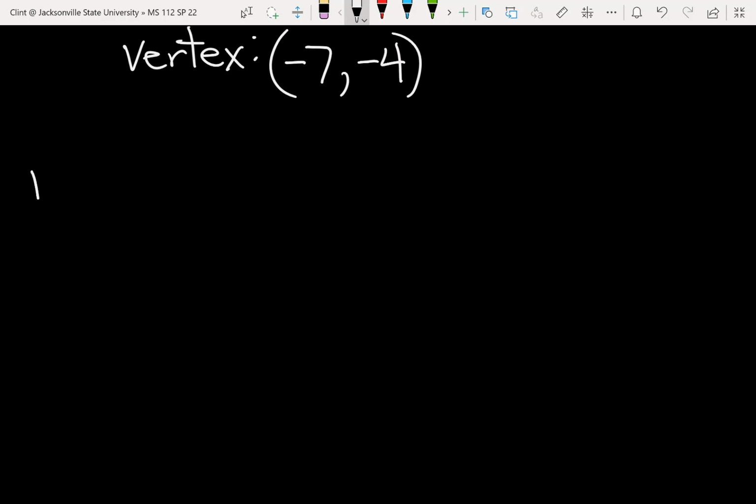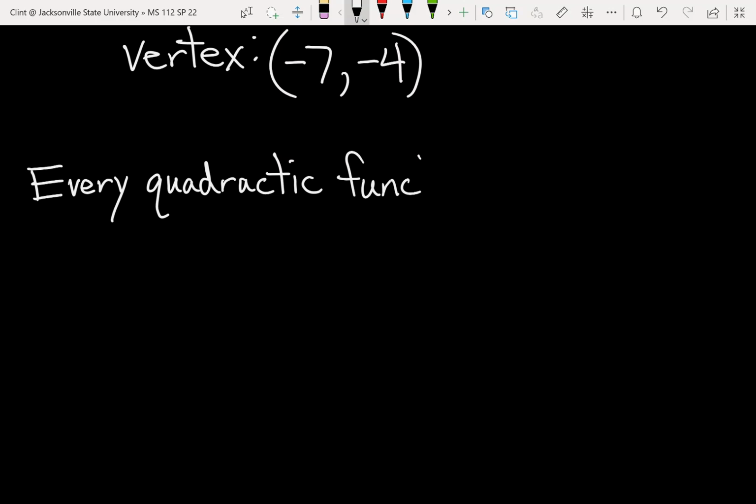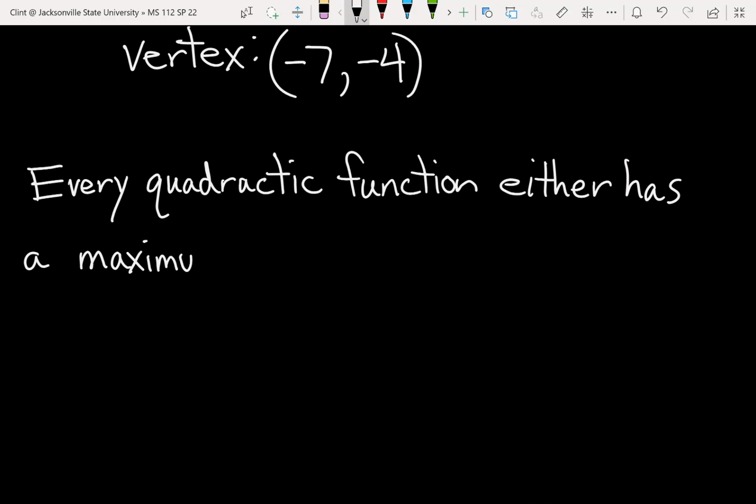And so something else to mention. Because of the shape of the graphs, every quadratic function either has a maximum or a minimum value.